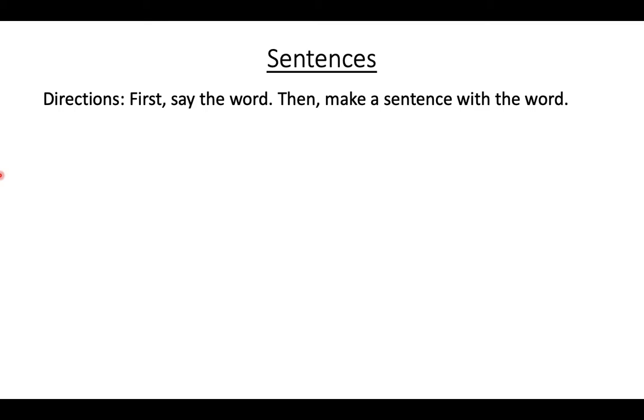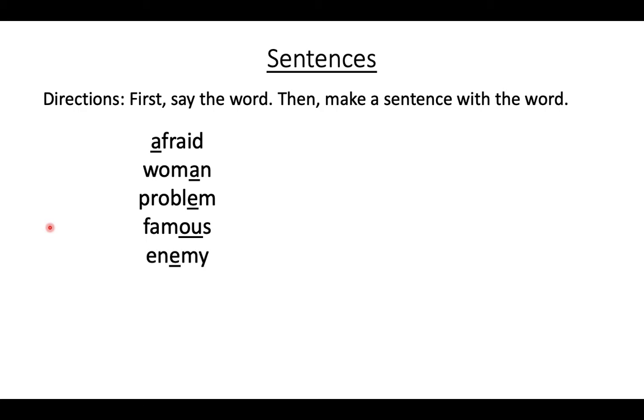Okay, so we're going to practice. First, you're going to say the word, then I want you to pause the video and make a sentence with the word. So I will say it, you say it, pause and make a sentence. Afraid. Woman. Problem. Famous. Enemy.